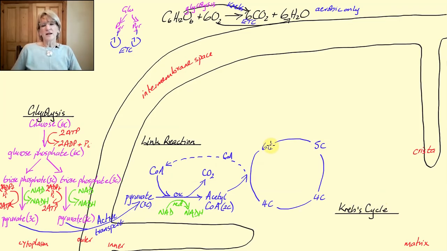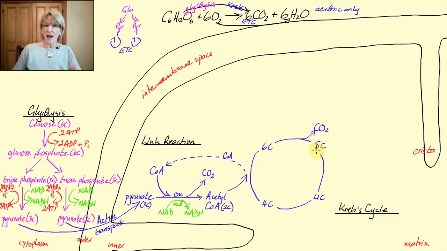So hopefully it makes a bit of sense that if we're going from a 6-carbon compound to a 5-carbon compound, then we're losing a carbon dioxide. If you wanted to use the very correct terminology, this is called decarboxylation.